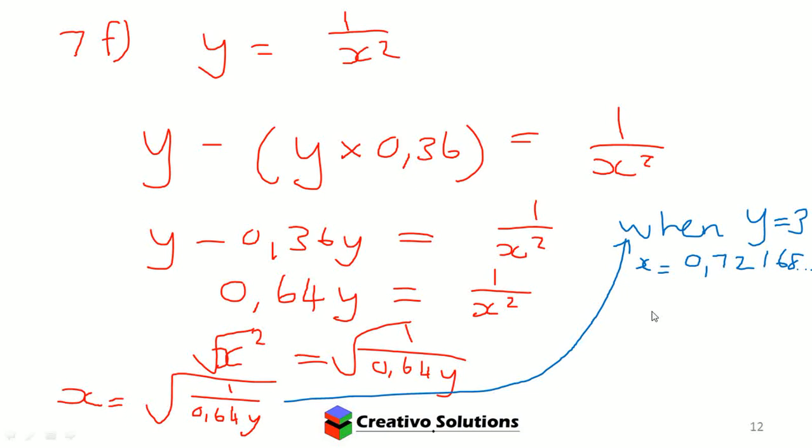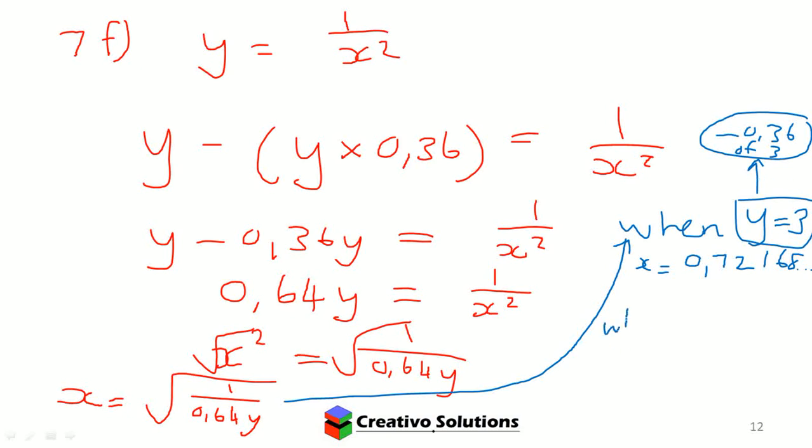Then they said describe exactly what happens to x when y is decreased by 36%. So this y that I have here is going to be decreasing by 36%, minus 0.36 of 3. So 3 times 0.36 is 1.08.